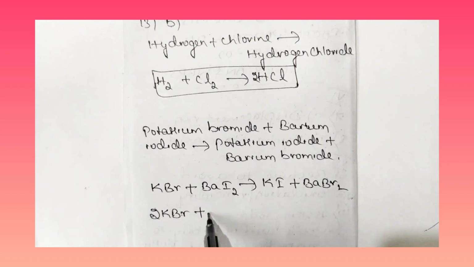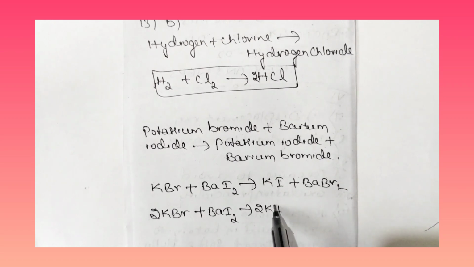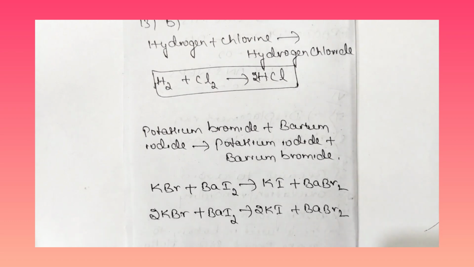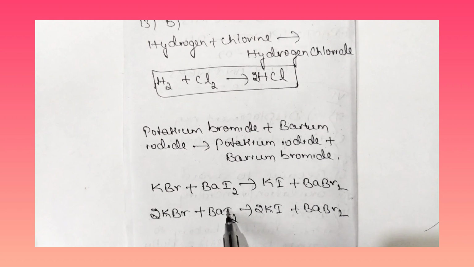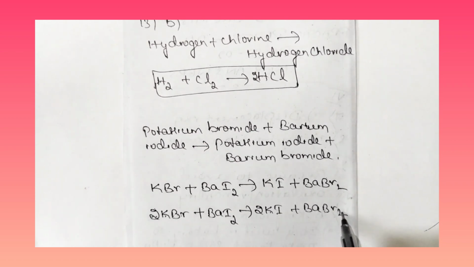So 2 KBr plus BaI2 give rise to, if I write 2 here, here also I should write 2 KI plus BaBr2. Now you observe 2K, here 2K is there, I2 is there, then Br2 is there, then Ba1.